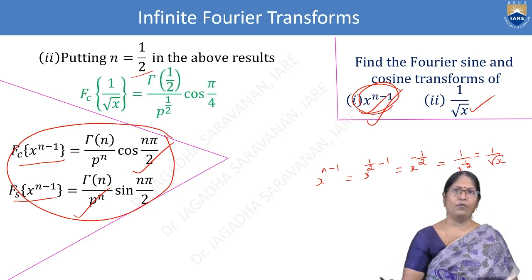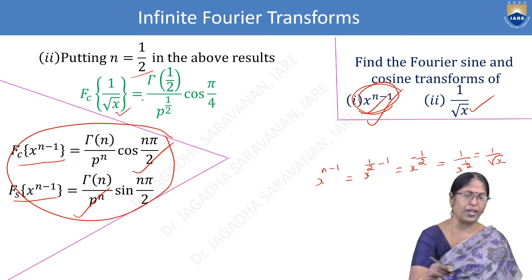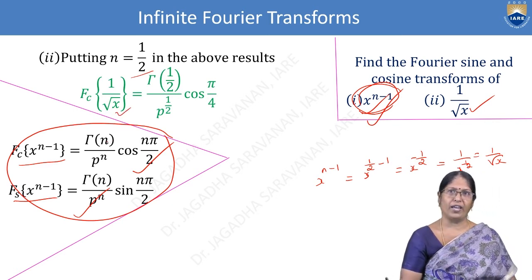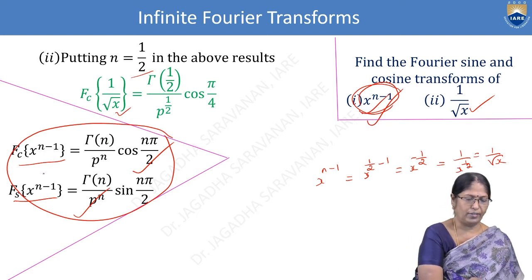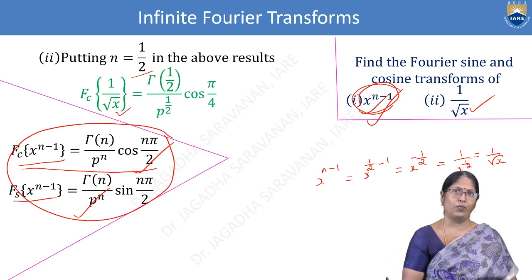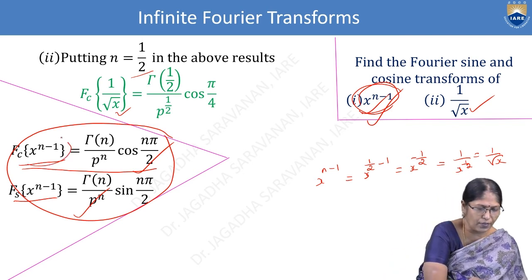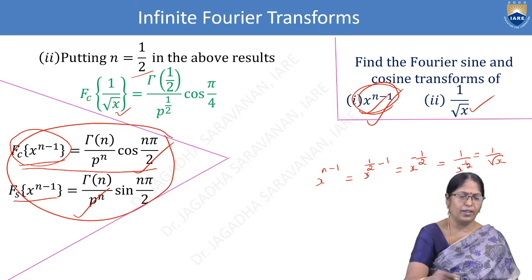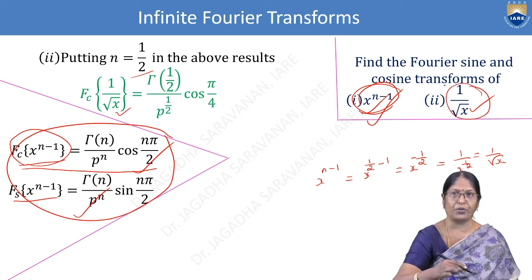So FC of 1 by root x equals, taking n equal to 1 by 2 on both sides in the formula, this side we substituted and got FC of 1 by root x, which is nothing but our second question.